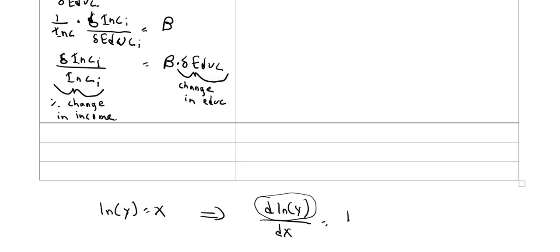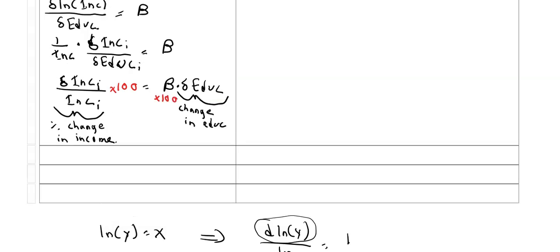Now to make it a full percent, we need to multiply by 100. If I multiply this side by 100, I also need to multiply the right-hand side by 100, or divide the left-hand side by 100. Let's just multiply the right-hand side by 100, and we can see that income is in percent form now, and my education is in change.